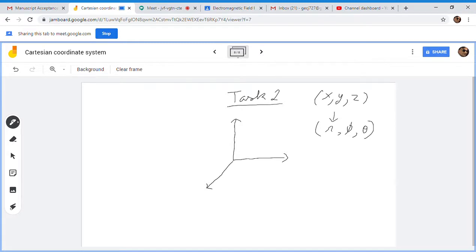So let us say this is P, and we take the projection on the xy plane. So this is x, this is y, this is z. Okay, so this is p dash. Now just subtend a right angle triangle. And here also you can subtend a right angle triangle on this.